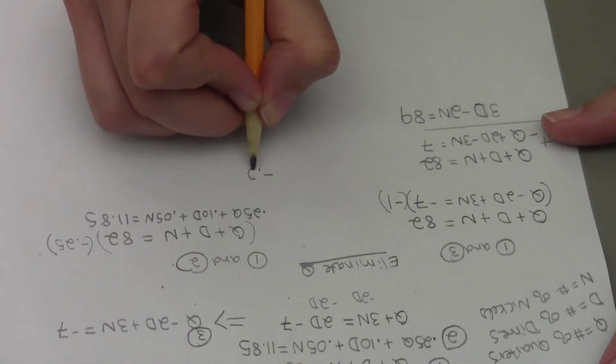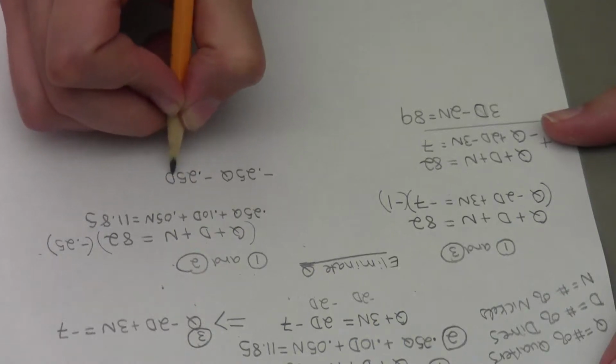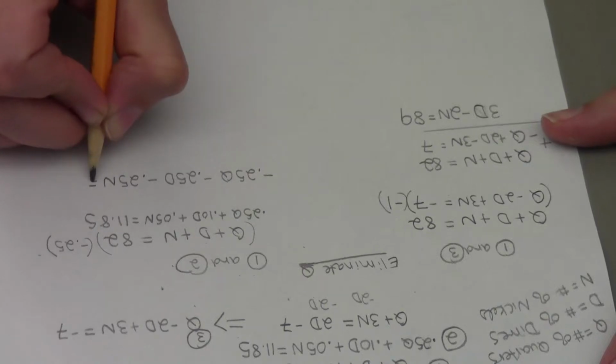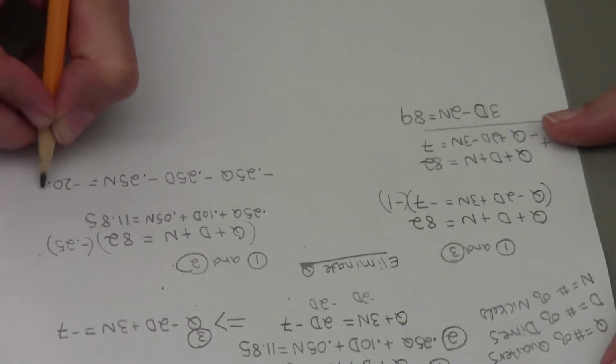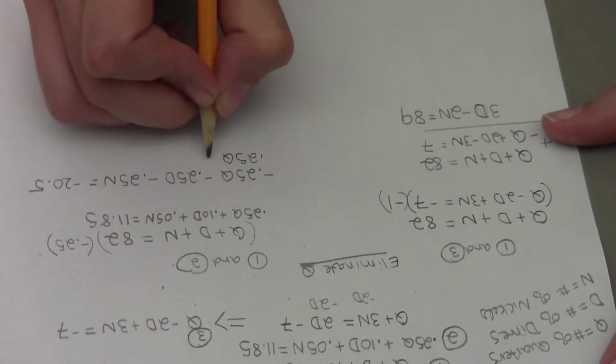Over here, I'm focusing on eliminating my Q's, so I'm going to multiply that top equation by negative 0.25. So that'll turn into negative 0.25Q minus 0.25D minus 0.25N equals negative 20.5. Bottom equation, I'm not changing at all.